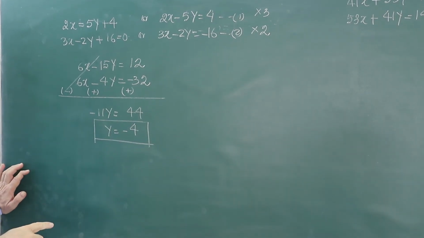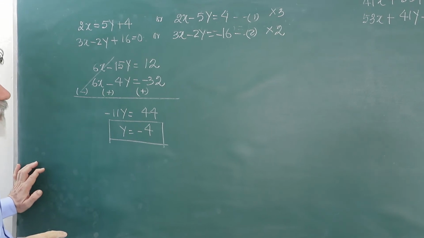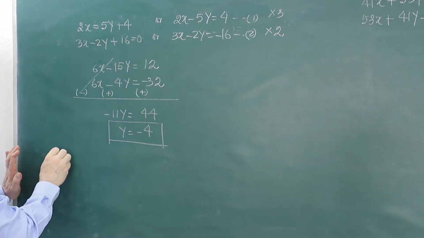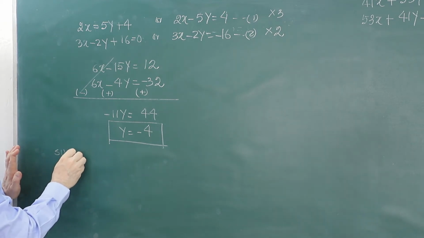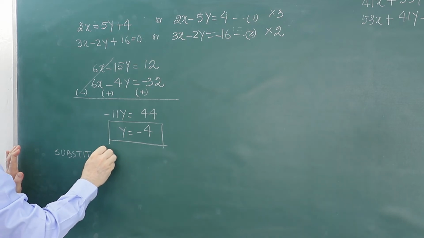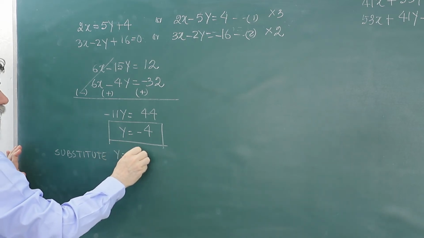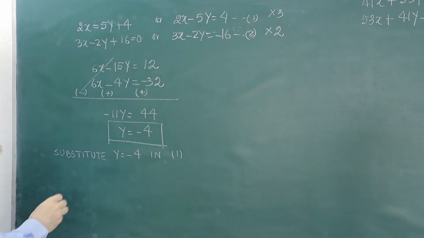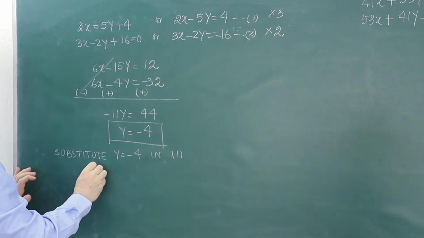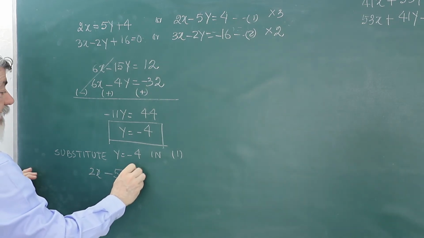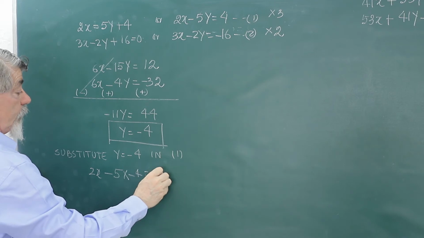Now we will substitute the value of y is equal to minus 4 either in equation 1 or in equation 2. Substitute y is equal to minus 4 in equation 1. Equation 1 is 2x minus 5 times minus 4 is equal to 4.